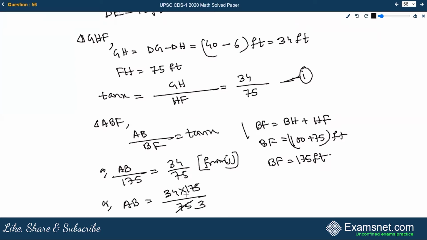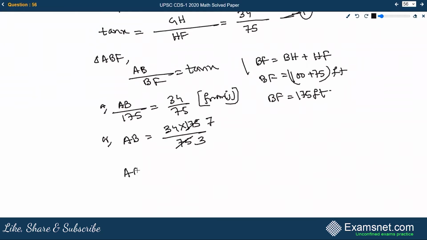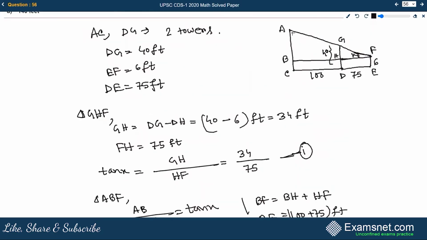That would result in 79.33 feet. That is AB. But the tower is AC, where BC is also equal to 6 feet.